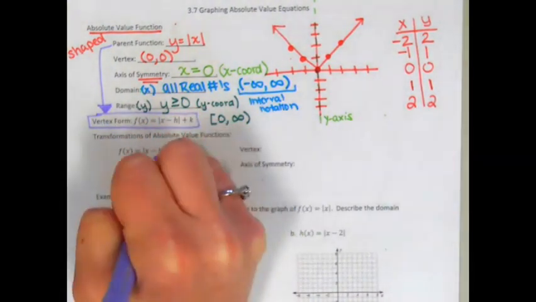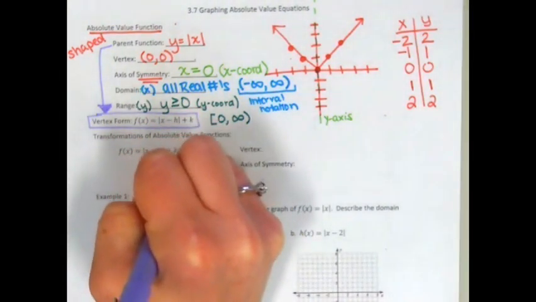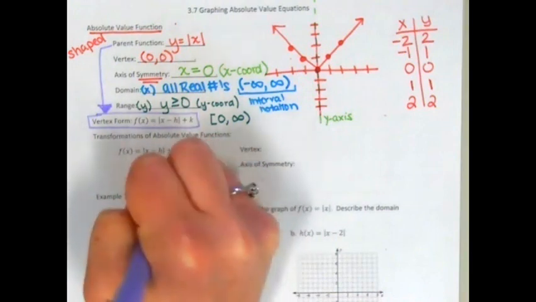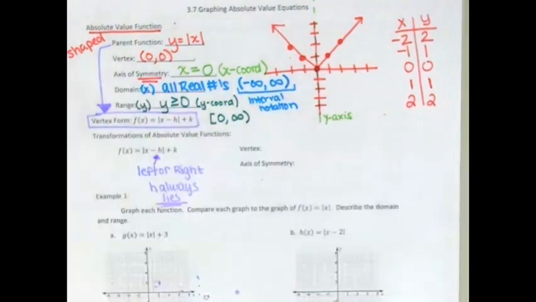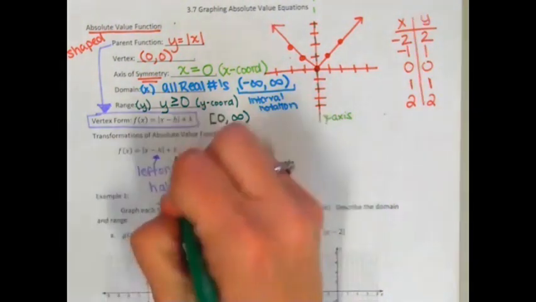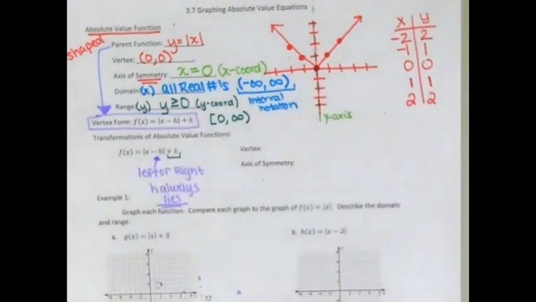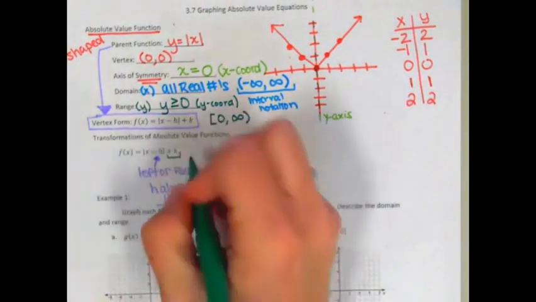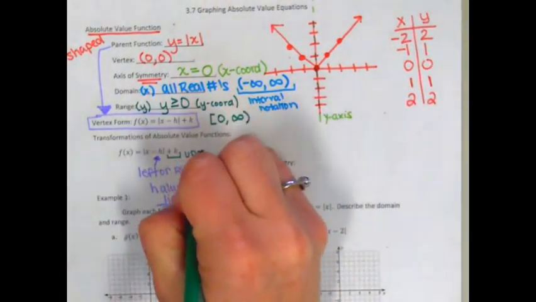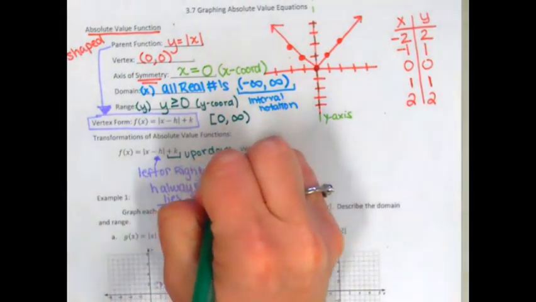And I'm always going to tell you, H always lies. Because it's minus H, that means the opposite of H. It's lying. So when you see -3, that actually means 3 is going to be a positive. K, since it's on the outside with Y, will move it up or down.